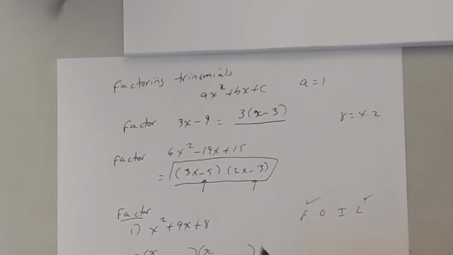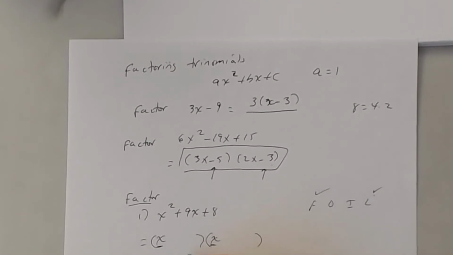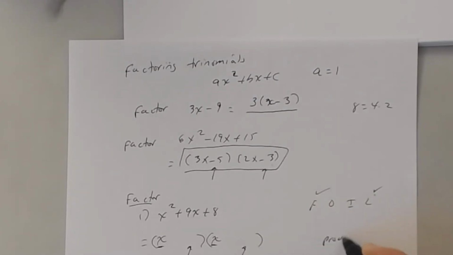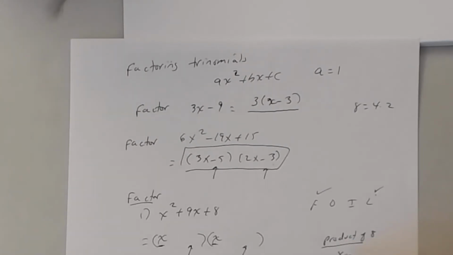Same idea. I want to find two numbers whose product is a positive 8. 1 and 8, 4 and 2. Y'all agree? I'm looking for products of 8, so I'm looking for factors: 8 times 1, 4 times 2.